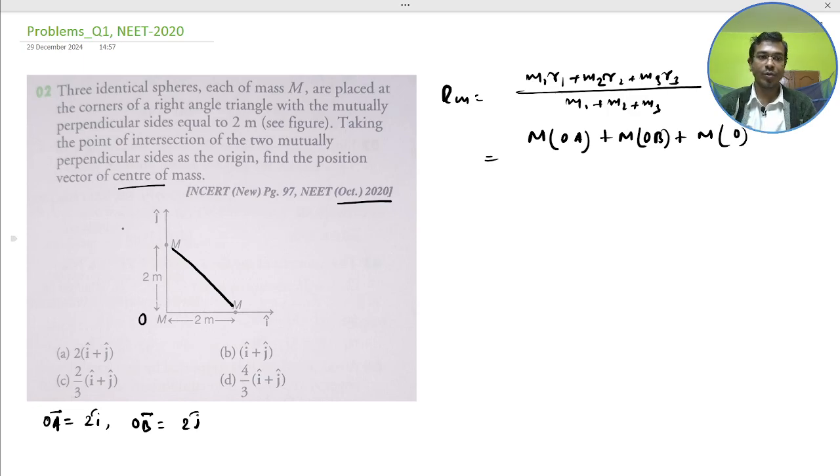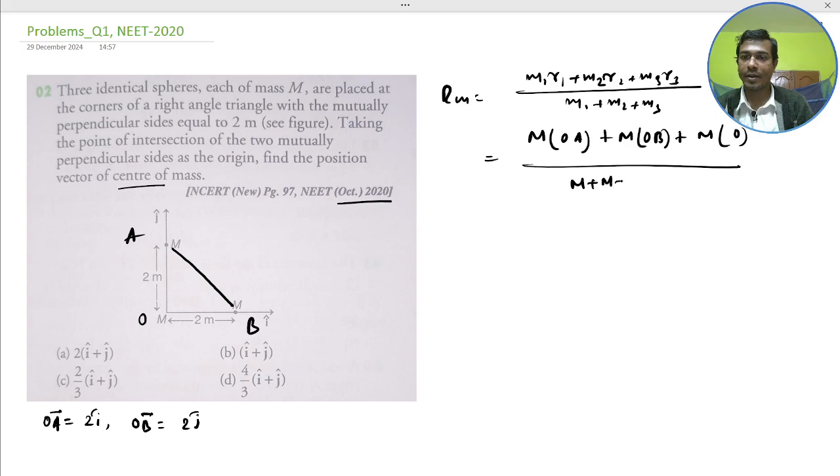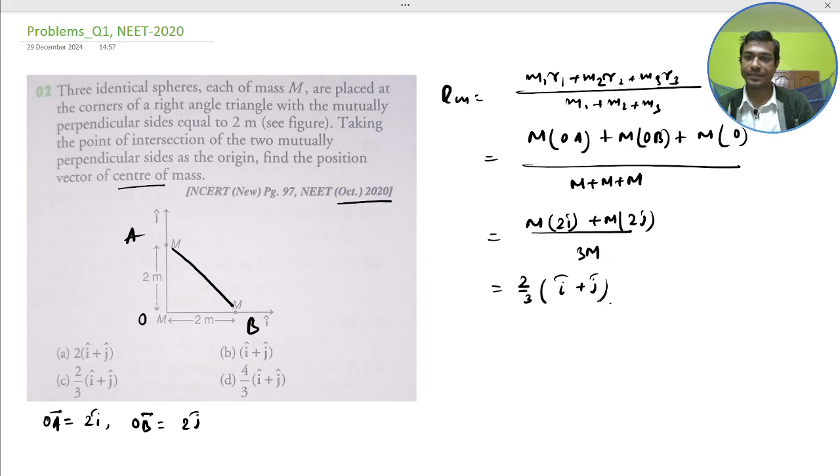Suppose this is the O, A and the B. Divide by the total mass m, m and m. So m 2i plus m 2j divided by 3m. So it would become 2/3 (i plus j). So C would be our correct answer, 2/3 (i plus j).